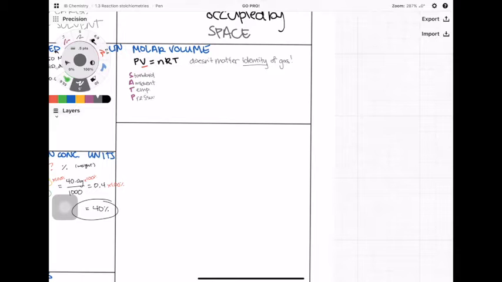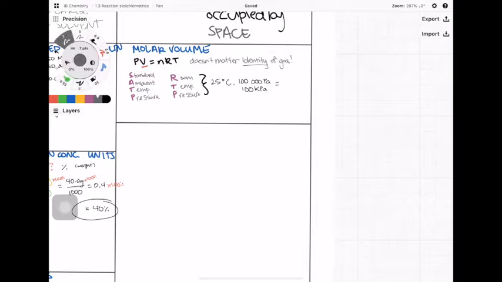So we basically talk about this idea of standard ambient temperature and pressure, also known as room temperature, sometimes shortened to SATP or RTP. The basic idea is that no matter what gas you have at room temperature and pressure, which is 25 degrees Celsius and 100 kilopascals, or 100,000 pascals, the volume of a gas will be 24 decimeters cubed per mole.